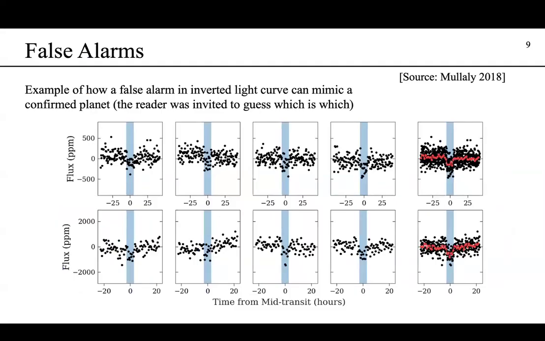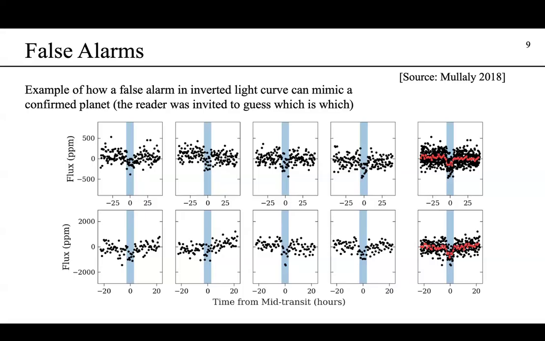And just to illustrate who those weird false alarms are, in the 2018 Kepler paper, they have this riddle. So these are basically single transits that were folded to produce this. And one is real, as found in a real search.